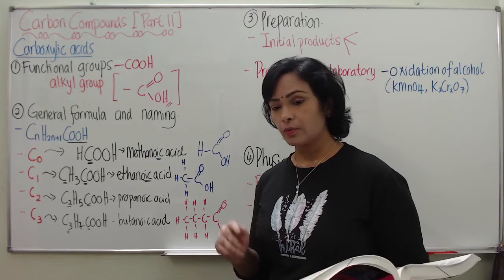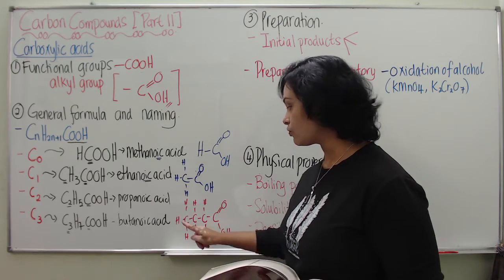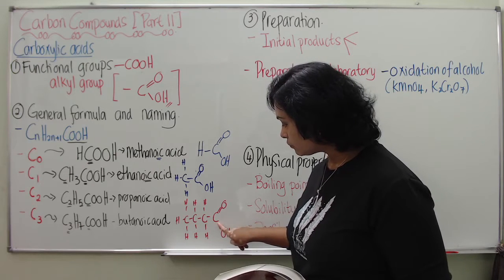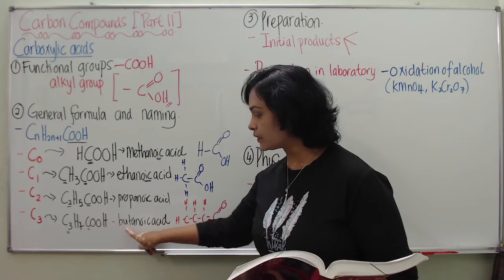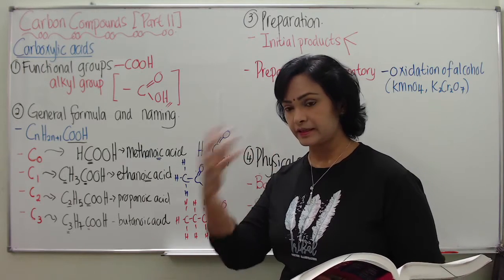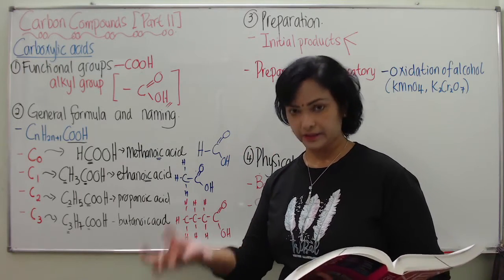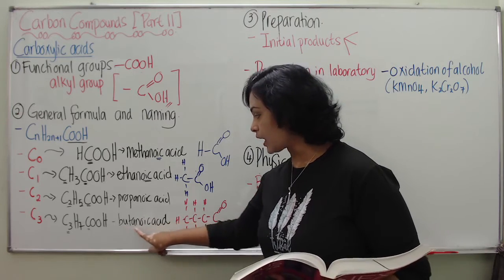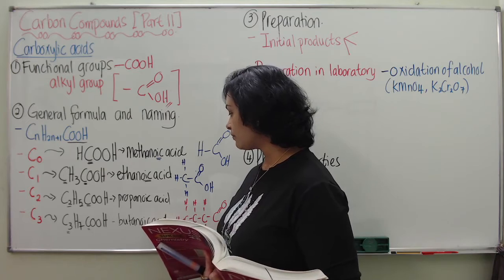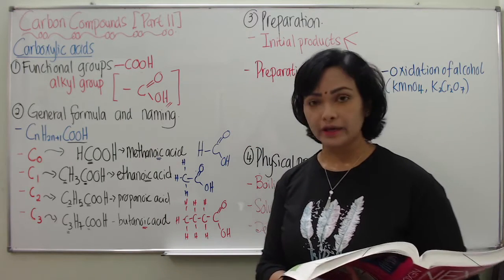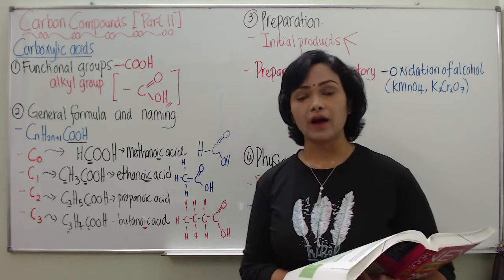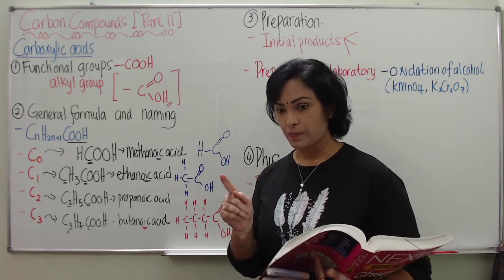The structural formula will give away the amount of carbon that you can see here: 1, 2, 3, 4. So it has 4 carbons in the molecule. So butanoic, OIC, every carboxylic acid must have OIC, butanoic acid. Butanoic thanks to the amount of carbon which is C4.